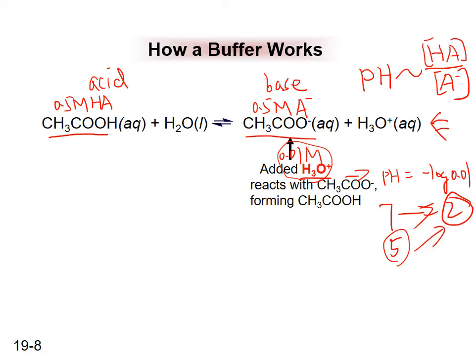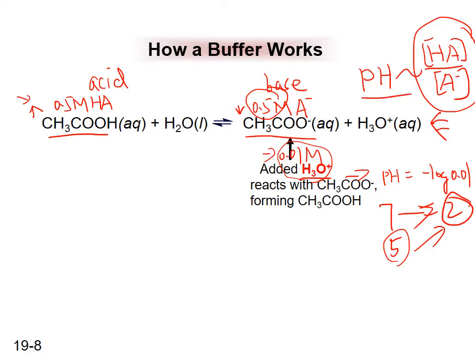So the base will decrease a little bit, and the acid will increase a little bit. Because in the solution we have a large amount of the base, and we add a small amount of hydronium ion, the change is very little. Similarly, the acid also changes a small amount. The ratio doesn't change much, and the pH remains almost constant.